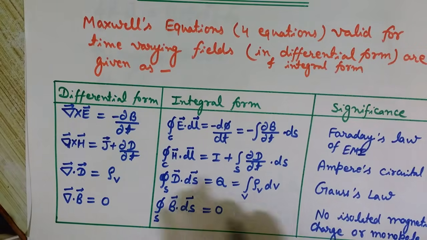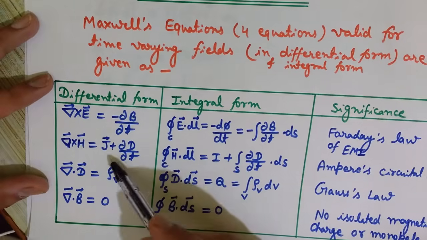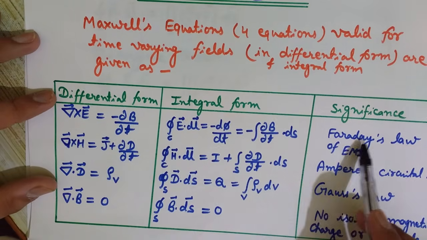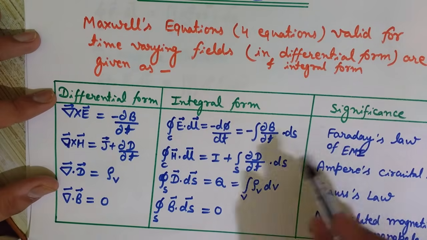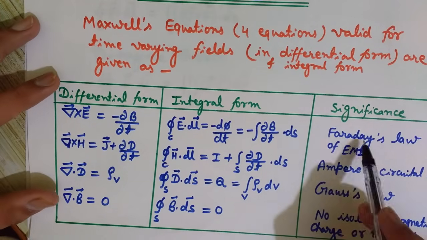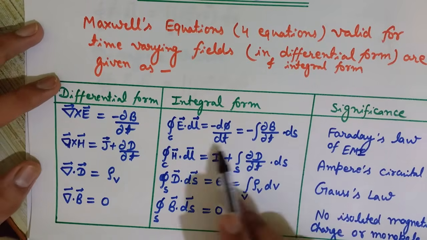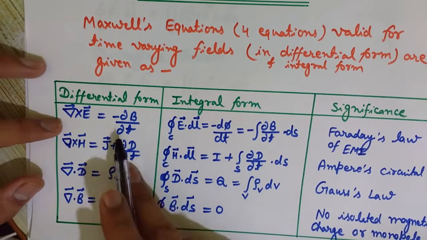So we have seen the proof of all four Maxwell's equations, based on Faraday's law, Ampere's law, Gauss's law, and no isolated magnetic charge or monopole. These were the differential forms and the integral forms.